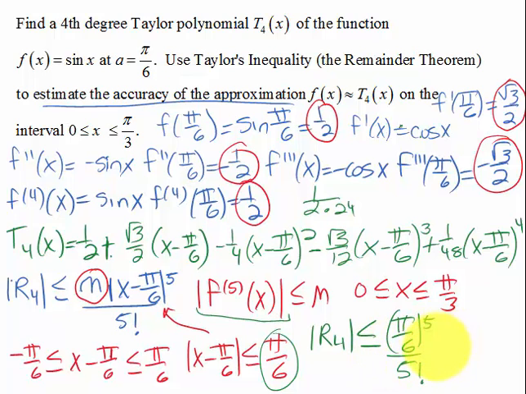Now we could put that in a calculator and we get approximately 0.000328. So what that tells us is if we used the 4th degree Taylor polynomial that we have listed here to approximate sine x at pi over 6, our error would be less than this number right here.